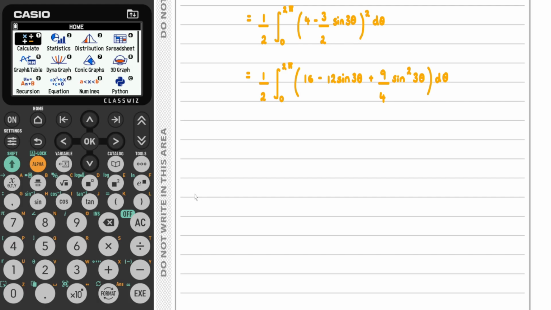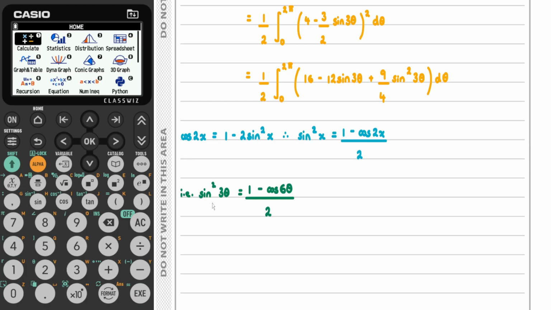Now, what we know from the known identities is cos 2x equals 1 subtract 2 sine squared x, meaning sine squared x equals (1 subtract cos 2x) over 2. And so sine squared 3 theta will equal (1 subtract cos 6 theta) over 2.